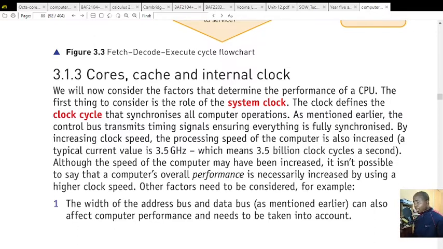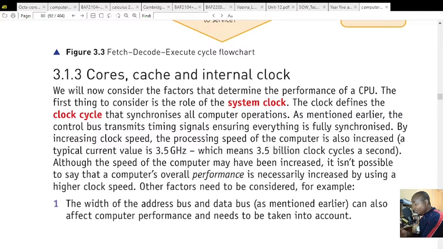Now, if you increase the clock speed, in a way, you are able to increase not only the frequency but also the speed at which the computer is able to perform or execute instructions.